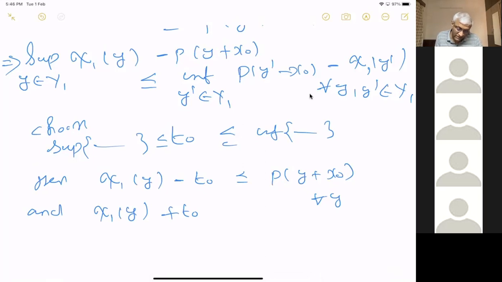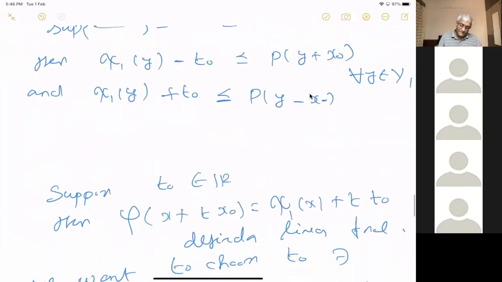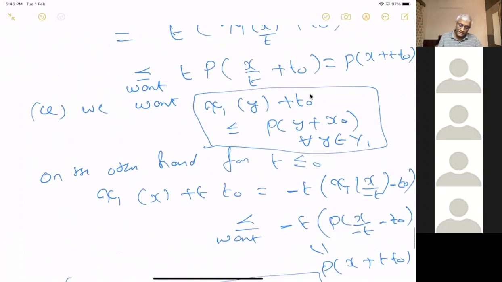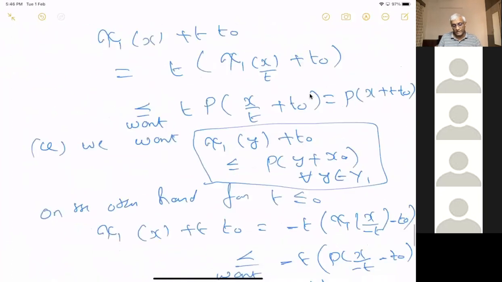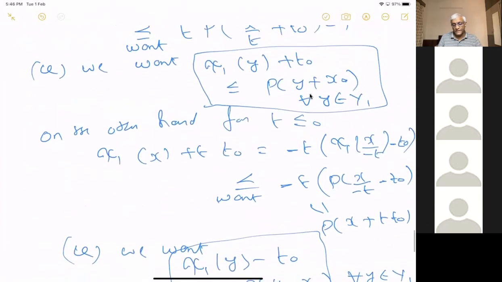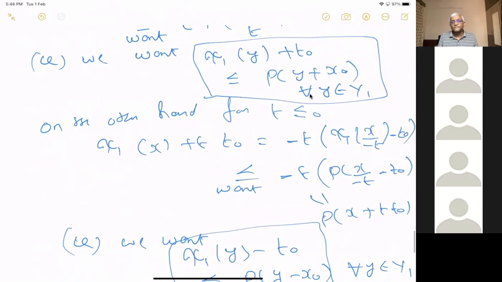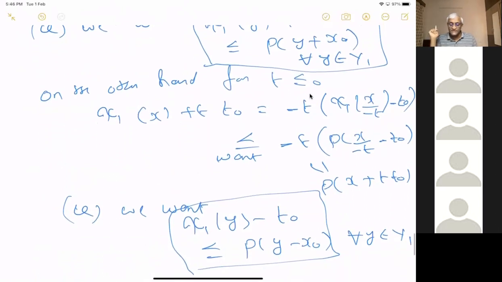So chi1 of y plus t naught is less than or equal to p of y minus x naught. These things are true for all y. If you see precisely, this is the inequality we want. We have written it here. This is precisely the inequality. We want to choose a t naught such that these two things happen.